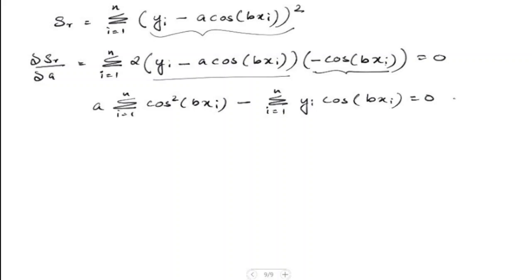So this is the first equation that you need to arrive at.